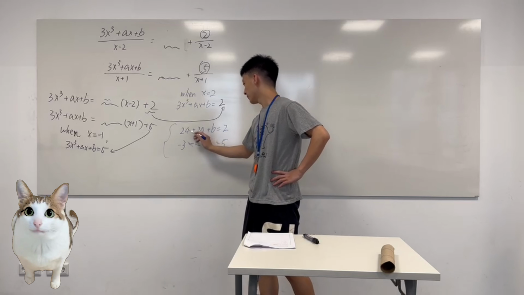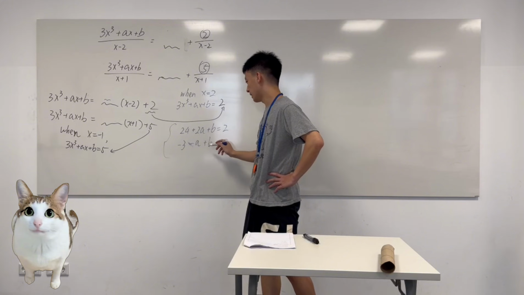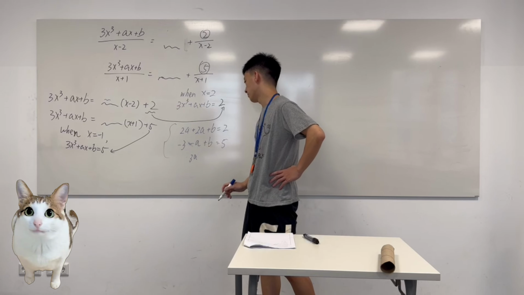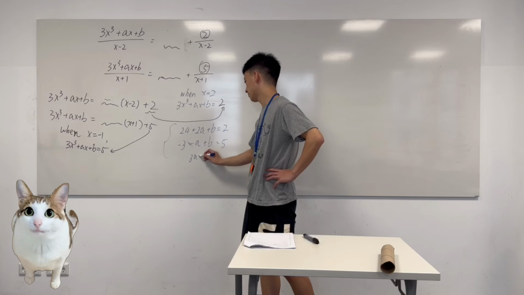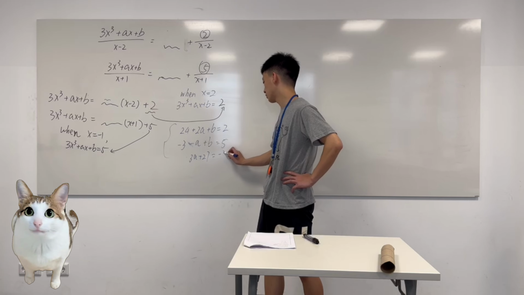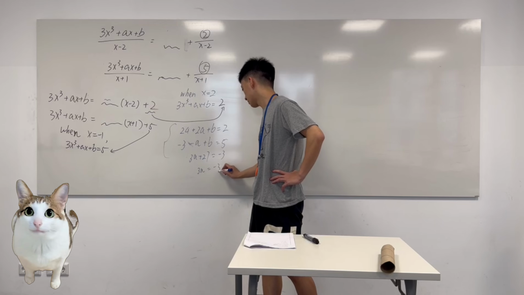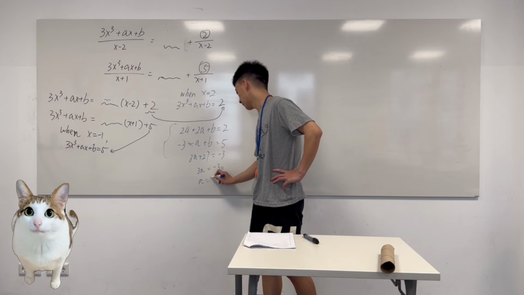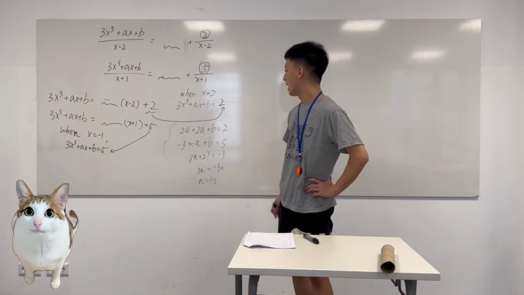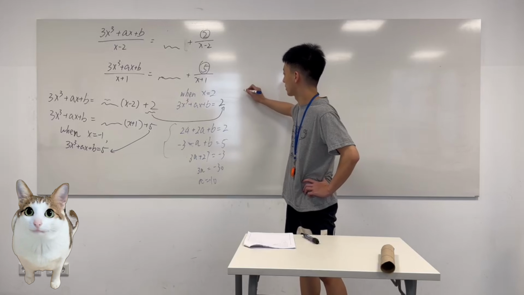Then b disappears. 2a minus -a is 3a. 24 minus -3 is plus 27. 2 minus 5 is -3. Therefore, 3a is equal to -30. So a is equal to -10. And then we can get b is equal to 2.